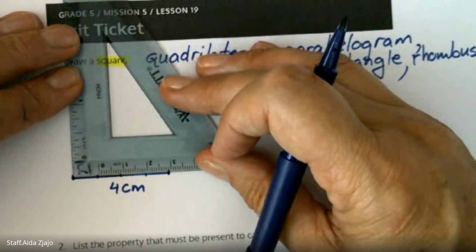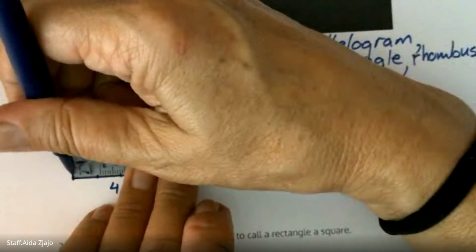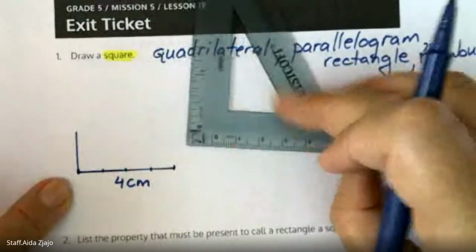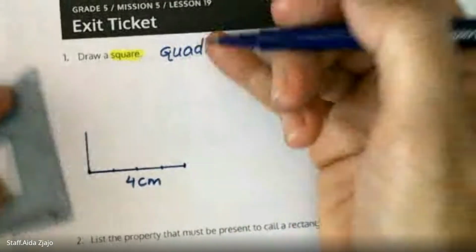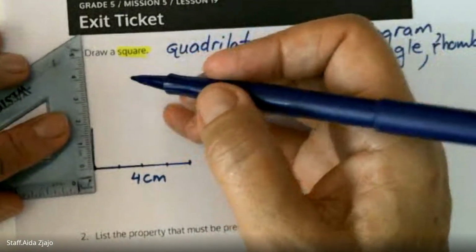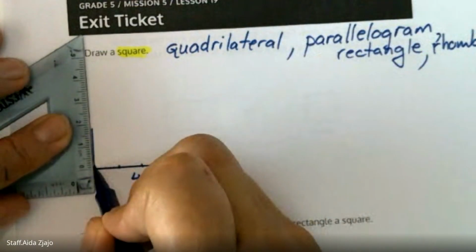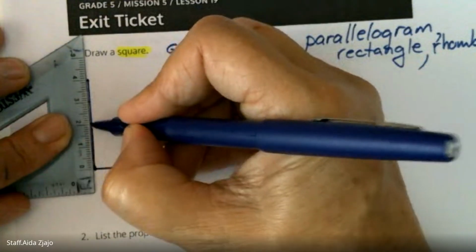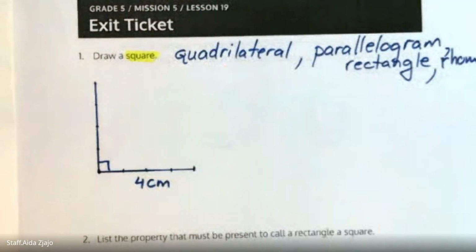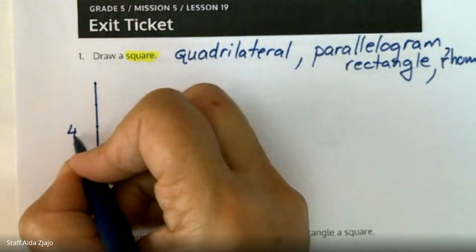It represents one corner of the square, and this is a right angle. So a right angle and congruent sides. They have 4 right angles and 4 congruent sides. I need 4 centimeters, so I'm going to do this, and that is 4 centimeters. So I have a right angle, and I have a 4 centimeter side.